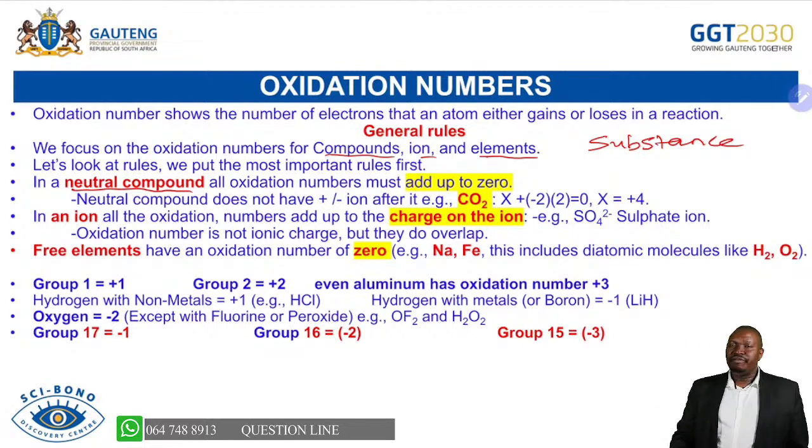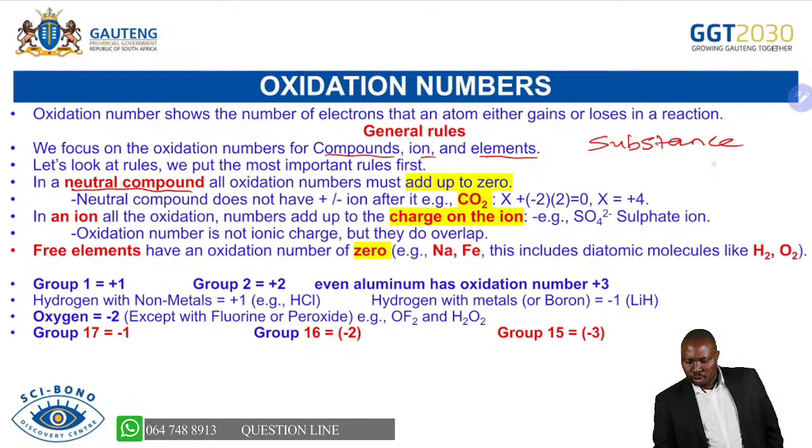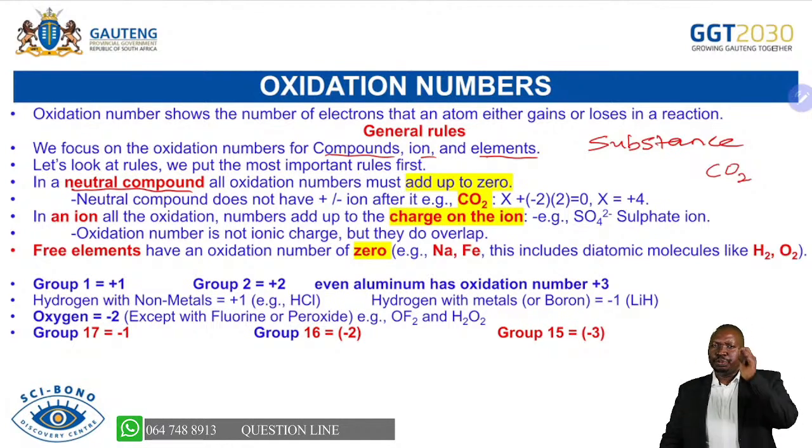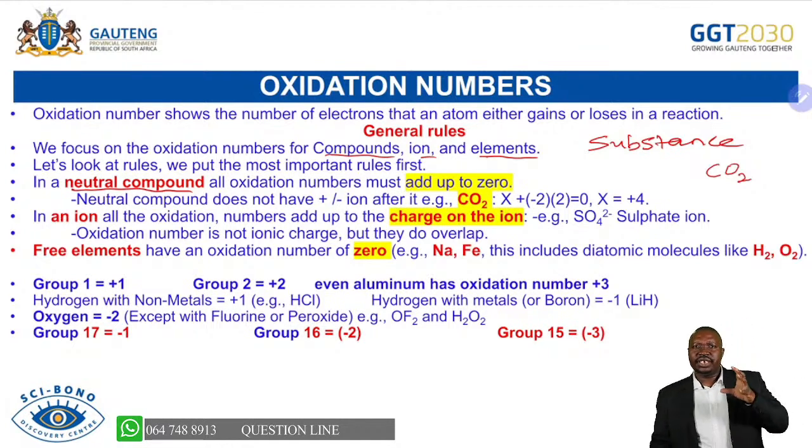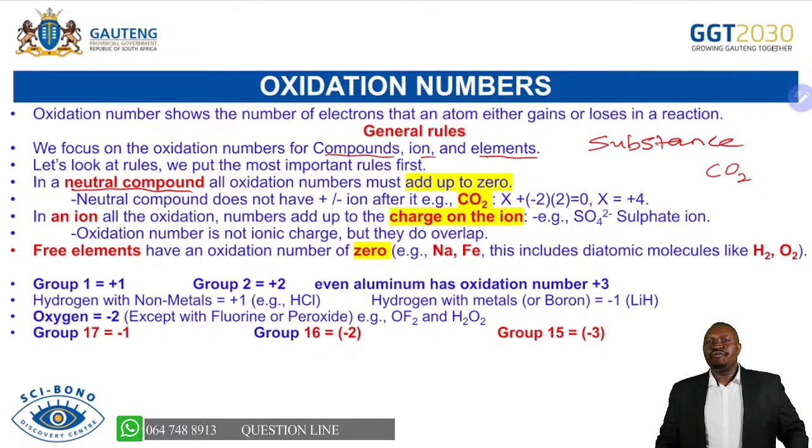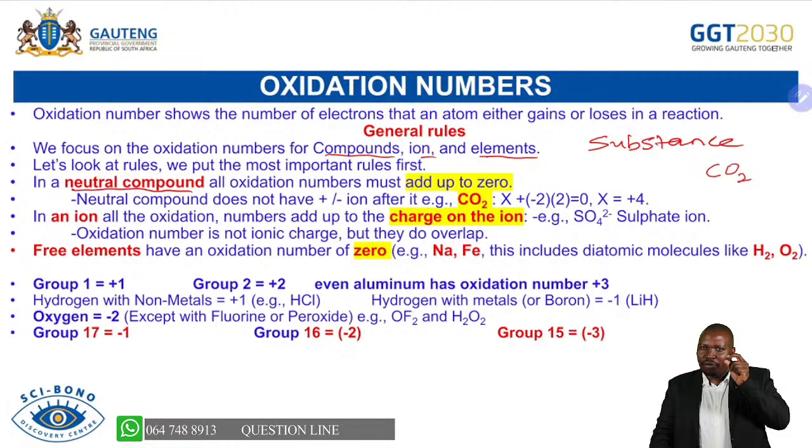For example, we gave you carbon dioxide, CO2. So what we have to check there, remember oxygen is in group 16, and I showed you that group 16 elements are more likely to form -2 as their charge, which means gaining 2 electrons, because they are running short of 2 electrons to be fully filled.